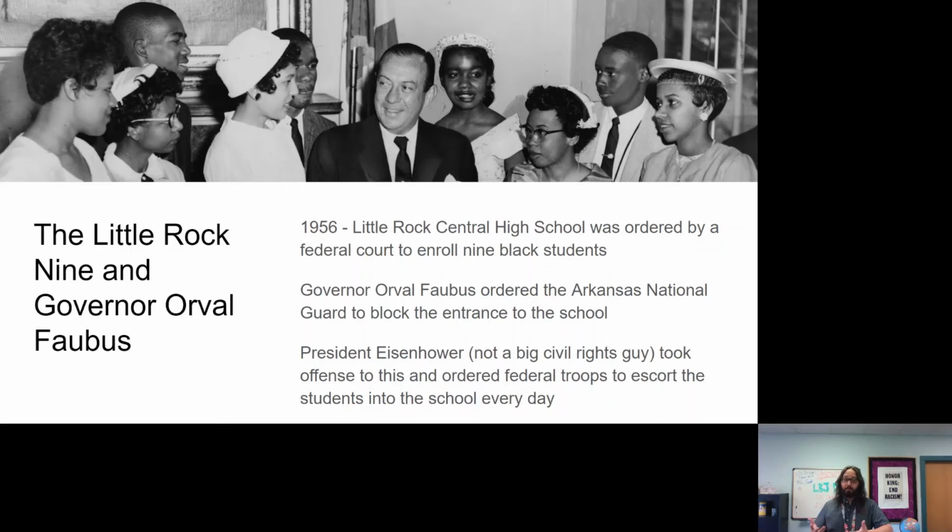They had been not integrating at all over these last 2 years. Now, Governor Orville Faubus orders the Arkansas National Guard to block the entrance to the school, literally calls in the military to stop black kids from getting able to go to this white school that the federal court had said you must allow them to do.